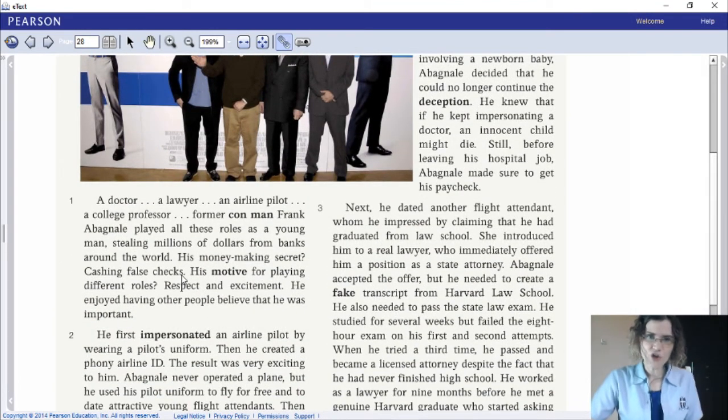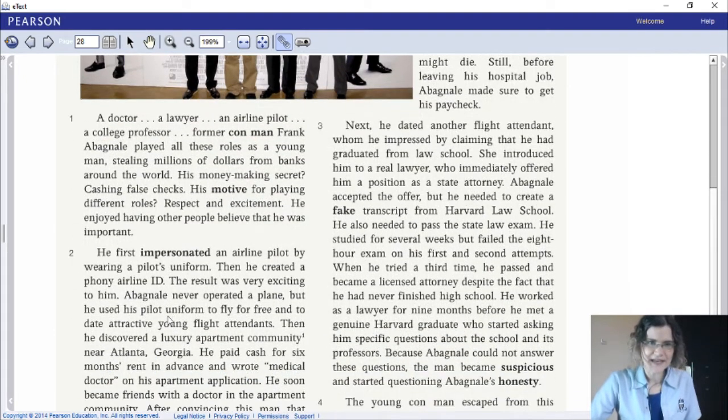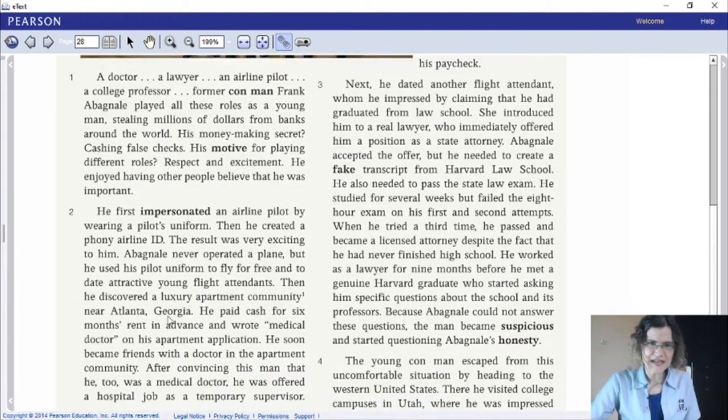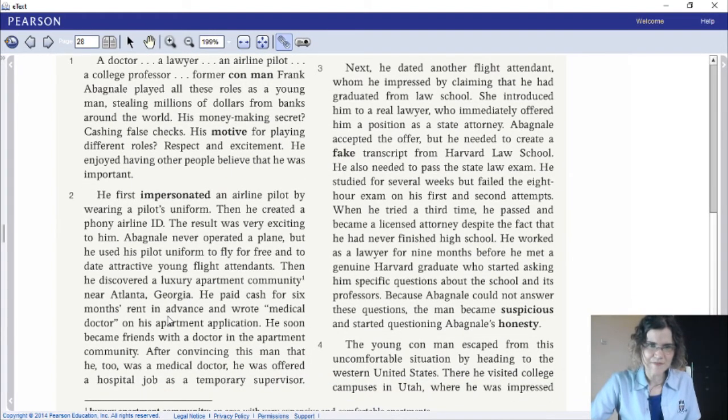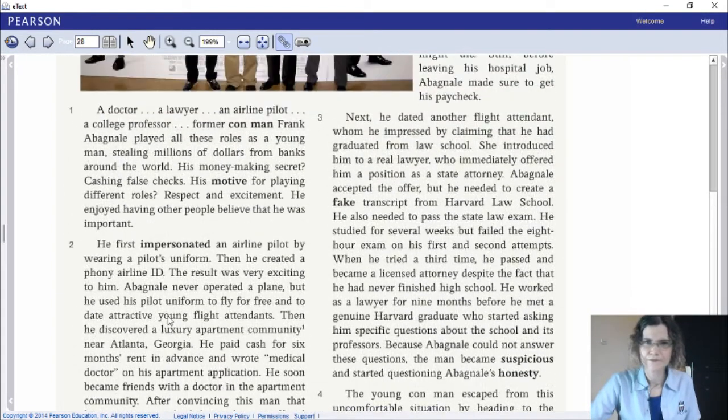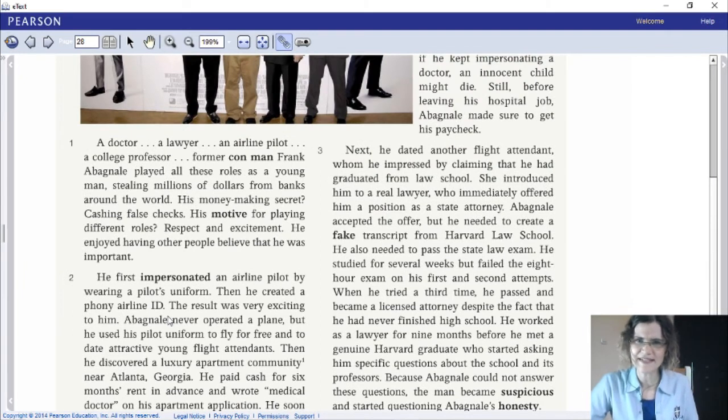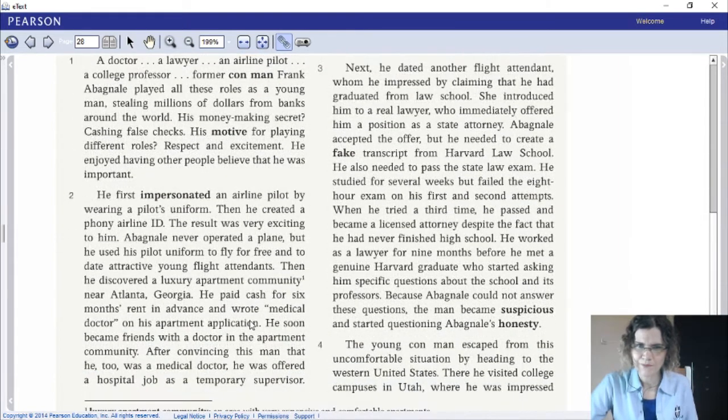A doctor, a lawyer, an airline pilot, a college professor, former conman Frank Abagnale played all these roles as a young man stealing millions of dollars from banks around the world. He first impersonated an airline pilot by wearing a pilot's uniform. Next, he dated another flight attendant whom he impressed by claiming that he had graduated from law school.